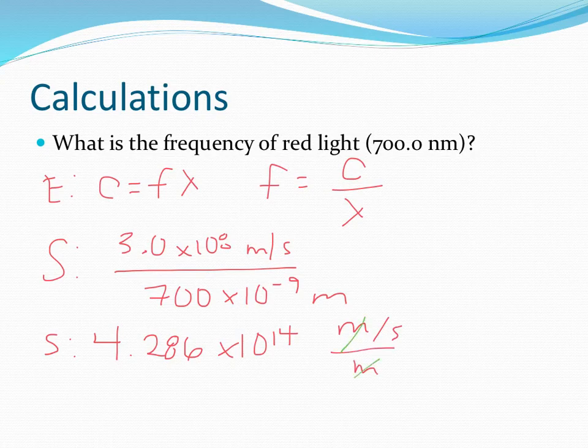Your meters cancel out, leaving you with 1 over seconds, which does turn this into 4.286 times 10 to the 14th hertz. Okay? These are going to be some pretty simple equations, but when we get into applying it to electrons, some of the conceptual stuff will get a little more complicated.